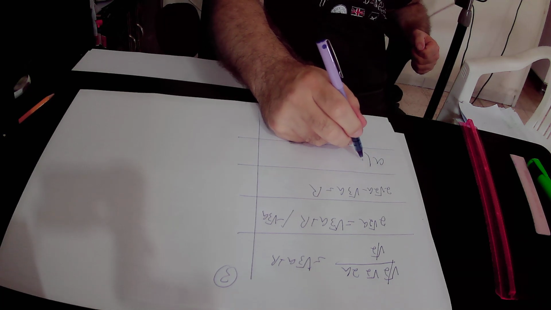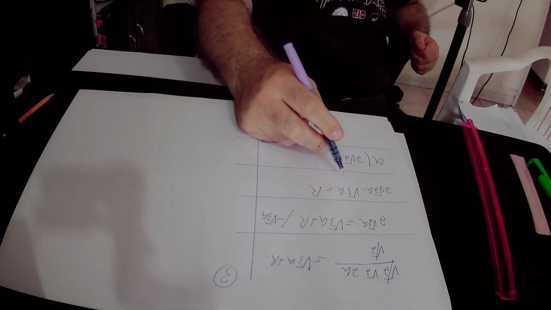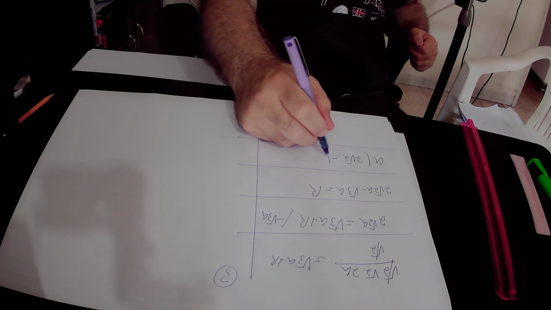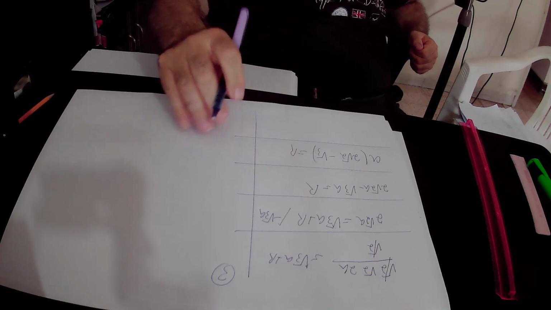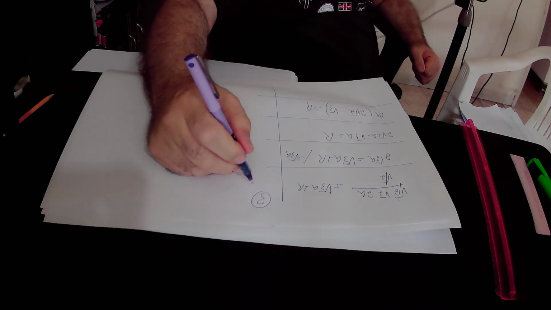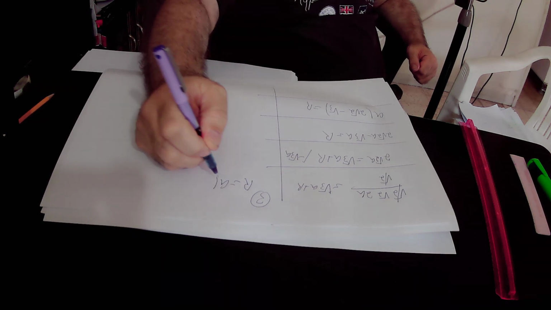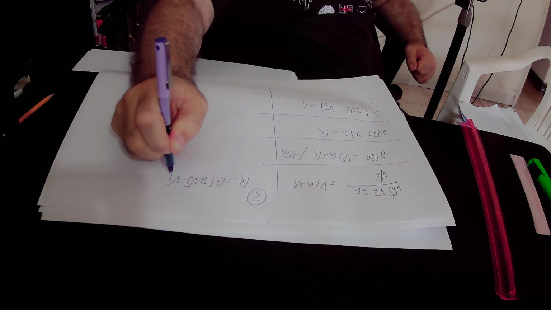It is 2 times square root of 2. And what is left from minus square root of 3 times a? It is minus square root of 3. This is equal to r. So in conclusion, we found out that the radius of the circle r is equal to a times 2 times square root of 2 minus square root of 3.